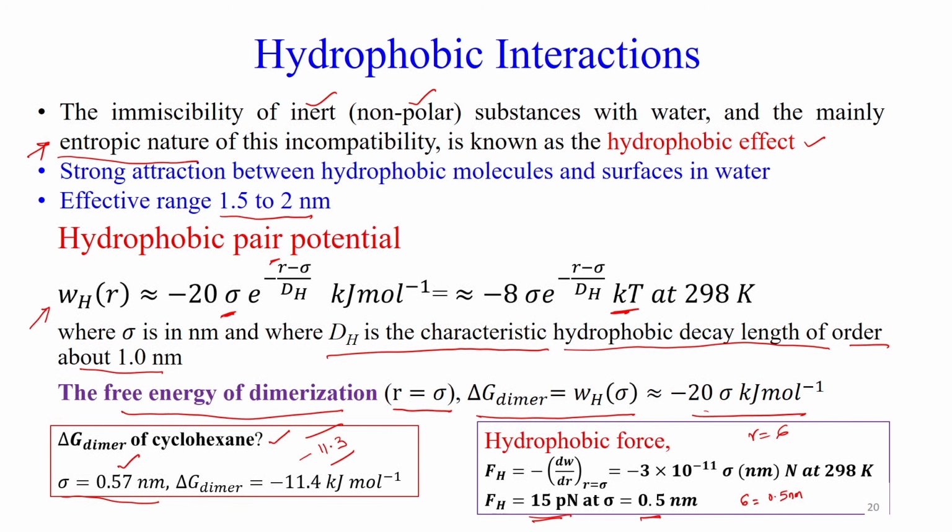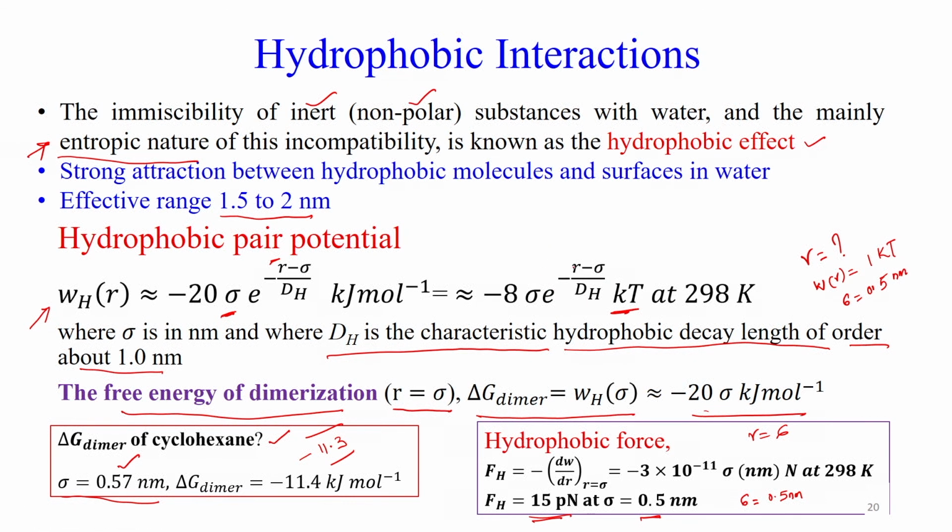Now, if you want to see at what value of r this hydrophobic pair potential W(r) will be 1 kT or less than 1 kT, from this expression we can easily calculate it. Let us take sigma equal to 0.5 nanometer; d_H is already 1 nanometer.